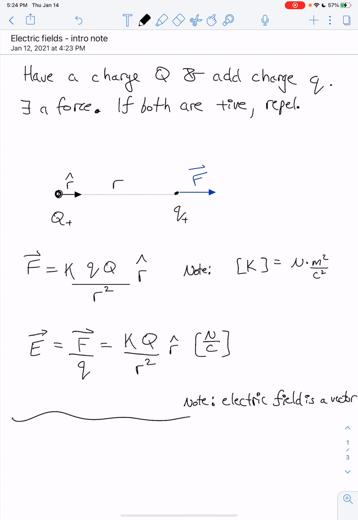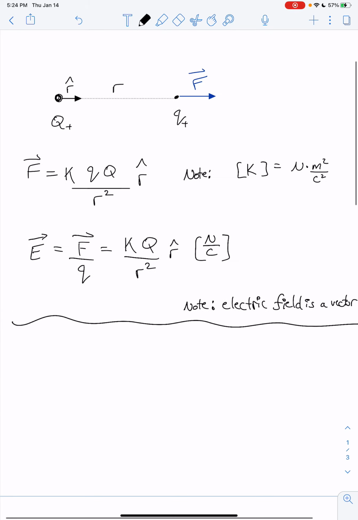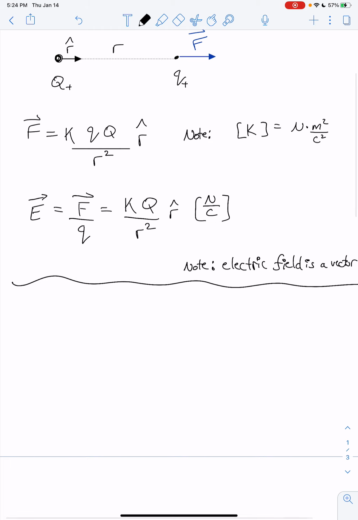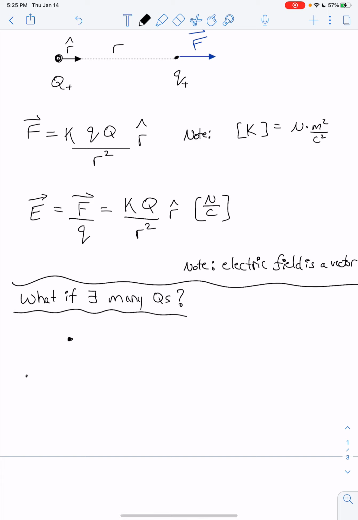Okay. Now that's the case between 2 charged objects. What if we had many Q's? What if there exist many charged objects? So we could say, well, let's put a bunch here.